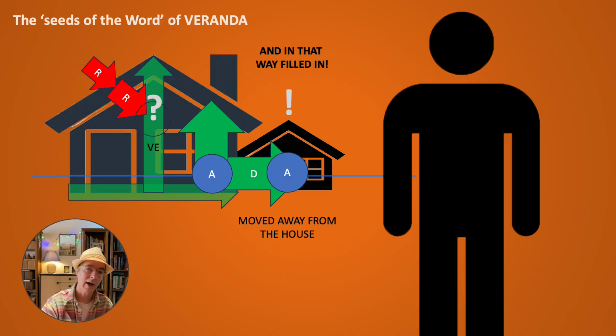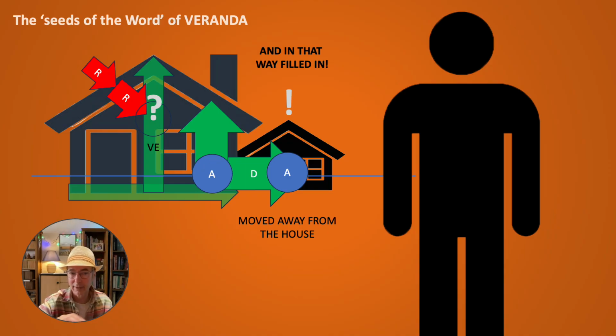And that's how I fill it in. So I had that question mark. How shall I fill in this idea of veranda to, in this case, the house? How shall I fill that in? I give a certain place a different function and I take it away from the house.